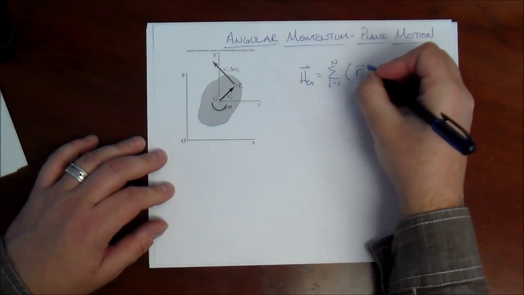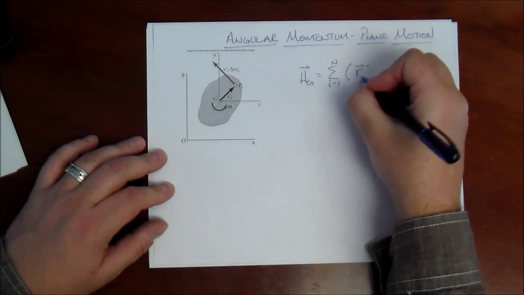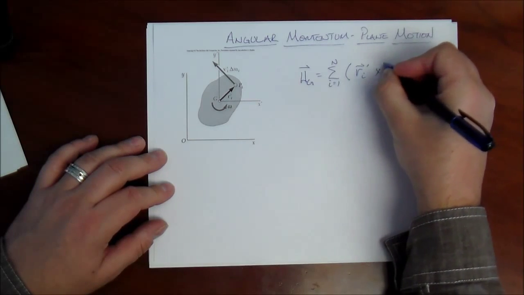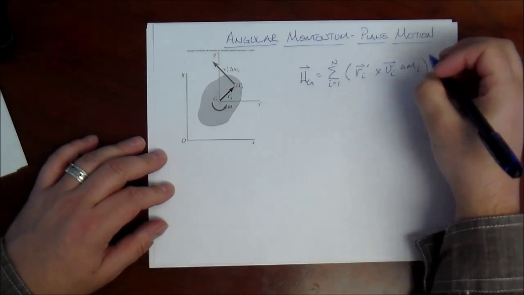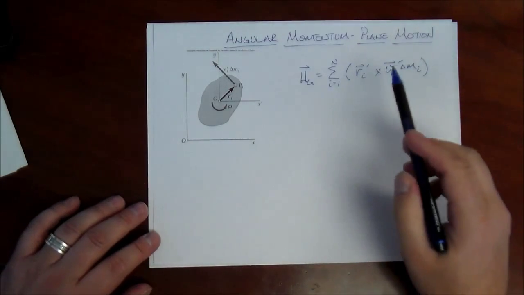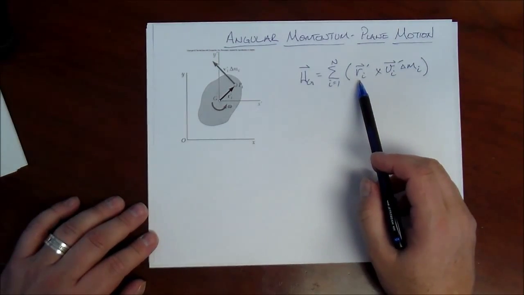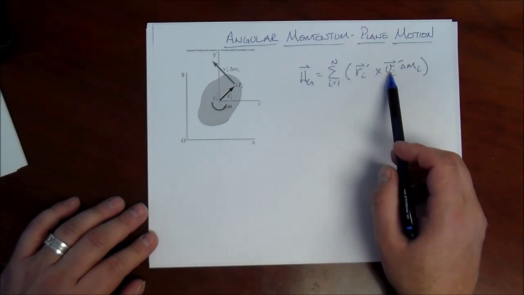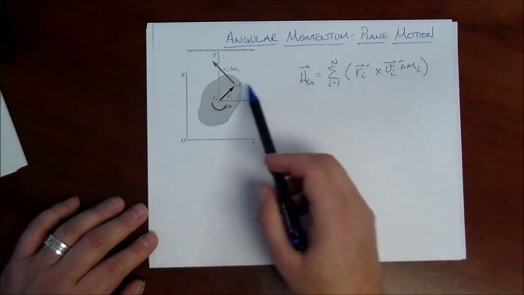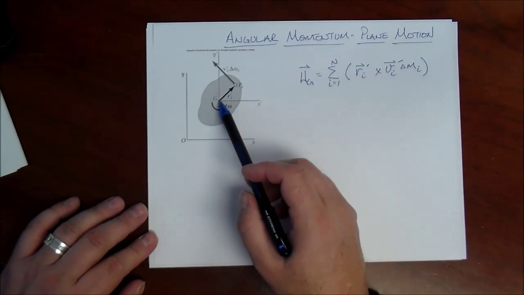One of the ways is to take the moment, of course, about G, so r prime sub i is the position of the particle with respect to G, that's this vector, and we're going to use the momentum calculated with respect to the mass center, so it's v sub i prime, that is the velocity measured with respect to G.